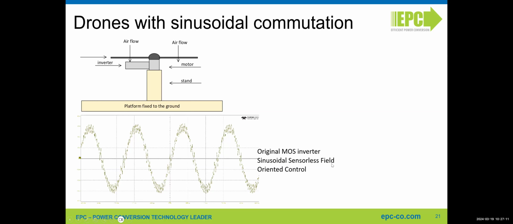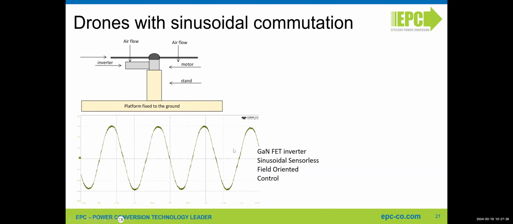It is still sinusoidal sensorless field-oriented control. However, there's a lot of ripple on the current because those motors have very low inductance, and the PWM frequency is low because of the MOSFET inverter. While here you see how a GaN-FET inverter, in this case, was running at 120 kilohertz for this motor, and it was showing a very nice waveform.